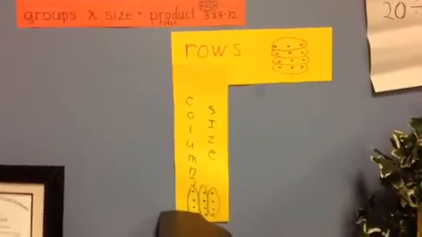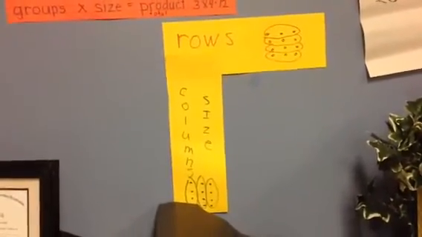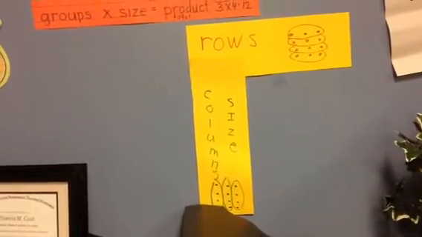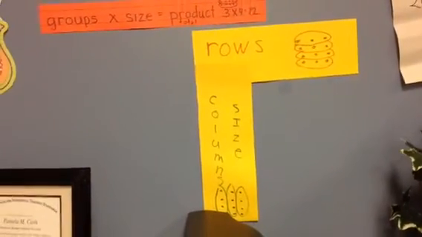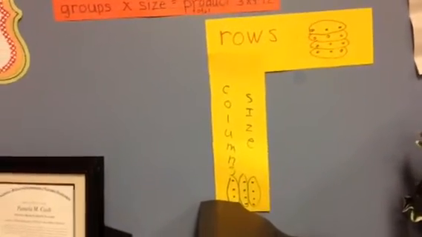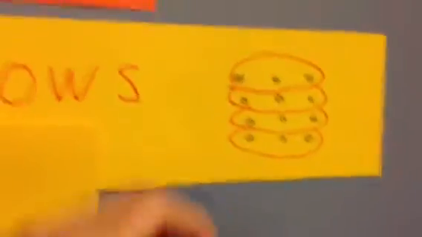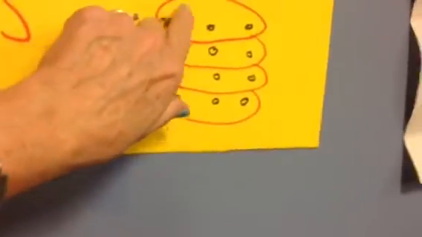Another concept that's very difficult for many children, one of the misconceptions, is the difference between rows and columns. So here's a visual that they can go to. Rows go across, columns go down. The misconception is when they see rows and they know that rows go across, they think that they need to count, all right, 1, 2, 3.